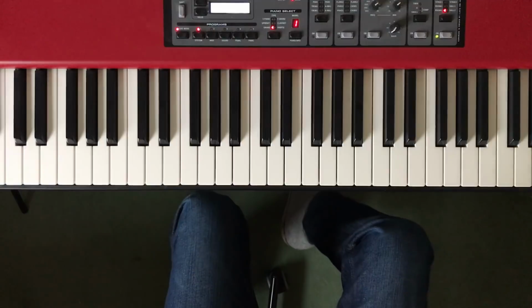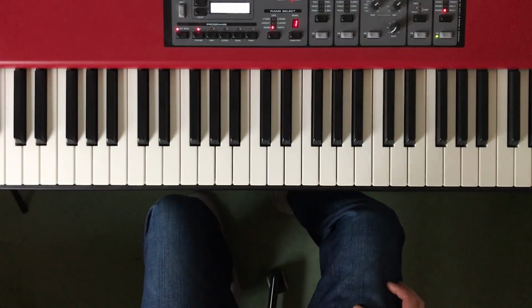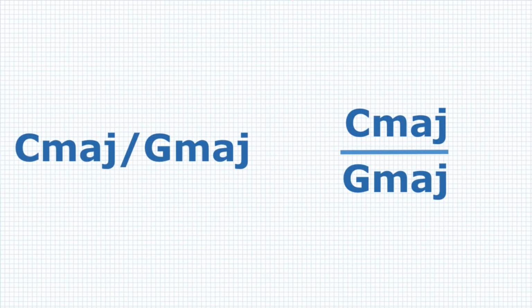It strikes me that the smart thing to do here is to notate it like this, as C maj over G maj, using either the fraction notation or the slash notation. It's not my idea, other people have done that before me, but I think that's the best way of doing it. That way it's clear that the things either side of the line are both chords and not single notes.